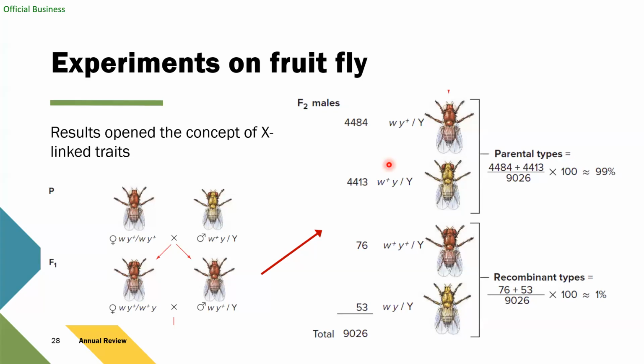Many people have replicated them, not only on fruit flies but also on zebrafish and Arabidopsis plants, to better understand how genes are transmitted across the generations, and at the same time how genes are being expressed in a particular individual.